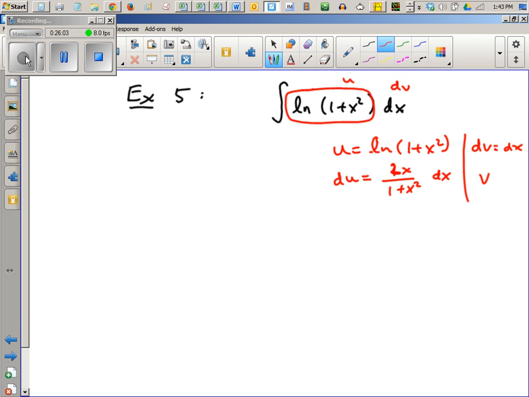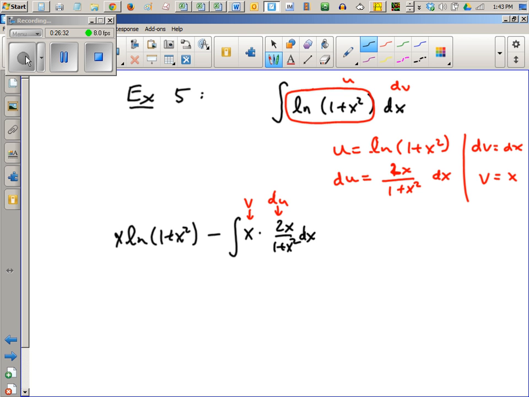Okay, as for v, what's v? X. Simply x. So uv is going to be this minus the integral of v du, which is going to look like this. So this is v and this is du.